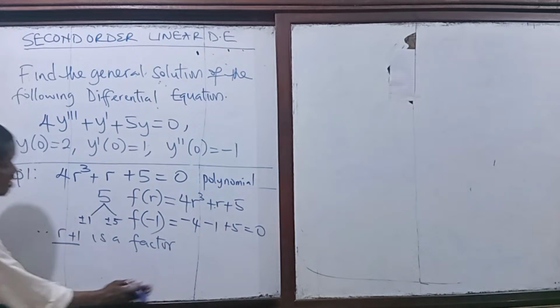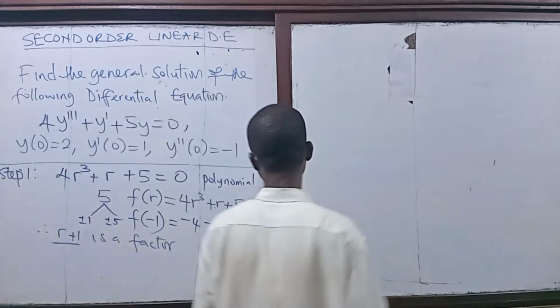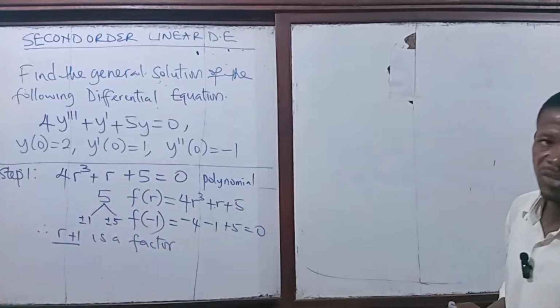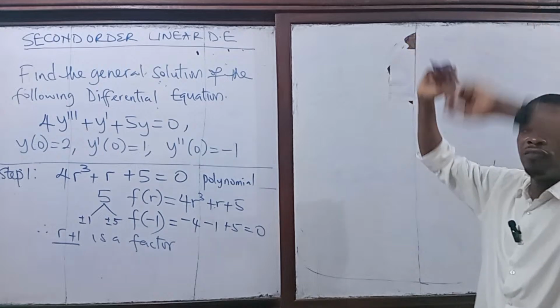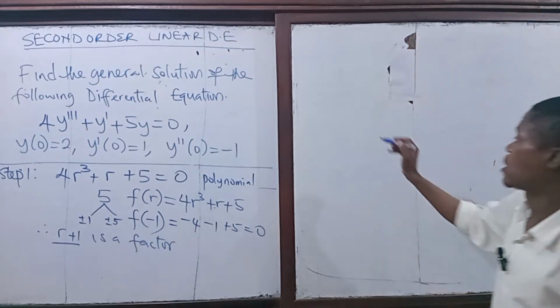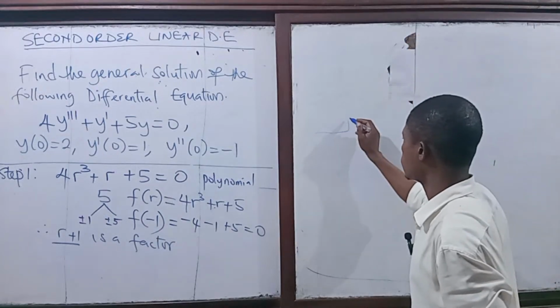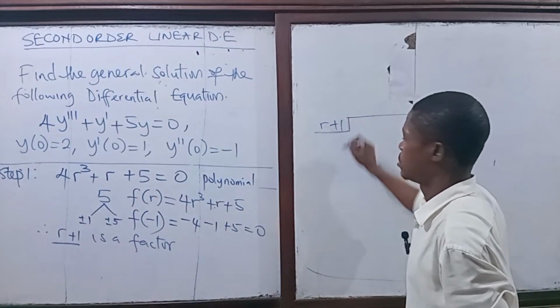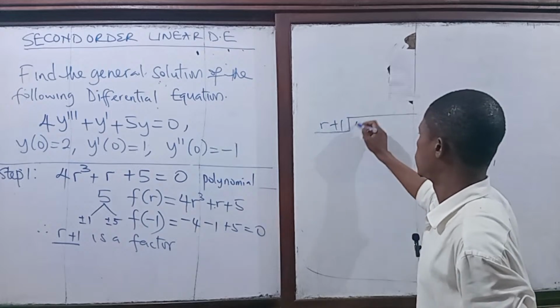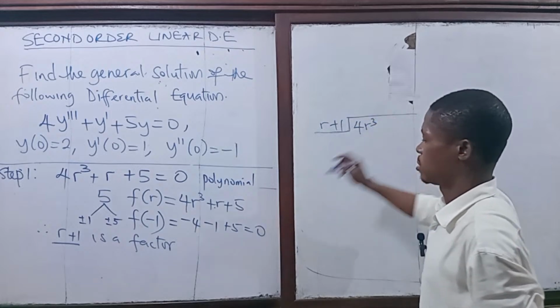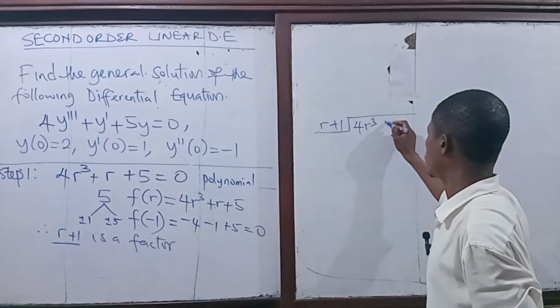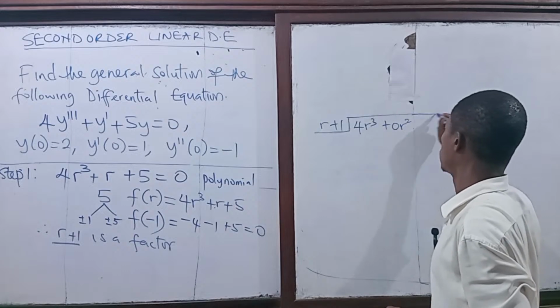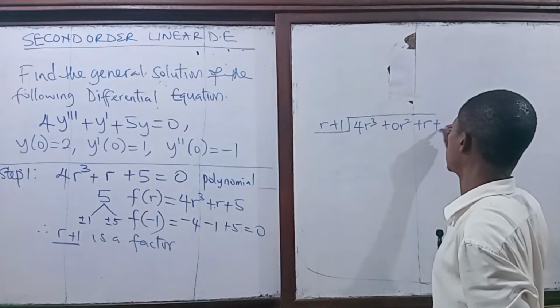So when you've gotten the factor, you now use polynomial long division, dividing by r plus 1. Then you write your function: 4r cubed plus 0r squared plus r plus 5.